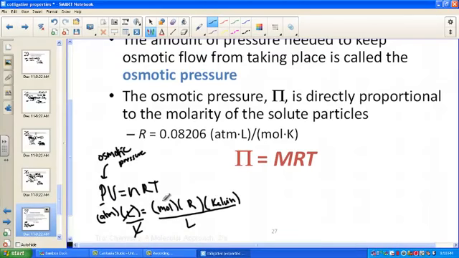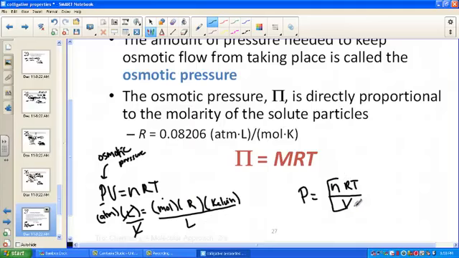Mole times R times T, nRT, divided by V. So if I rearrange, pressure is equal to nRT over V. Mole times the gas constant times the Kelvin temperature over the volume in liters.